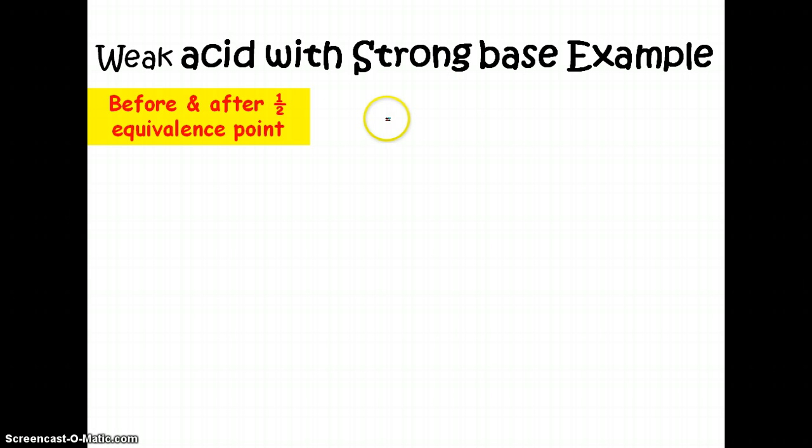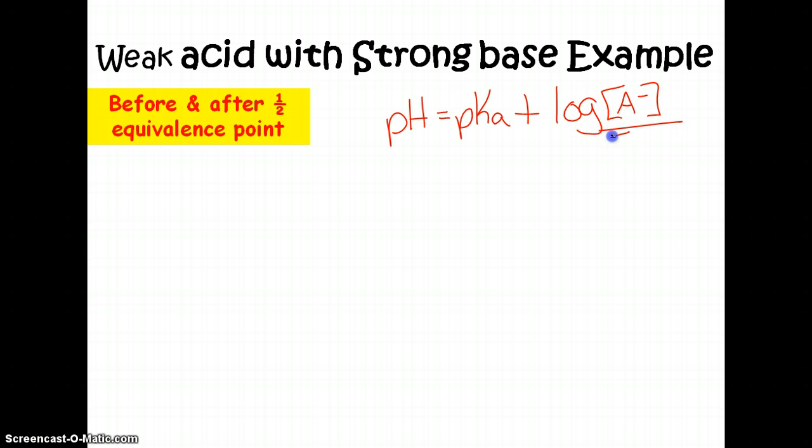You can do this either with an ICE table or with the Henderson-Hasselbalch equation. Now to do this equation, you have got to first determine how many moles of the acid and the conjugate base you have.